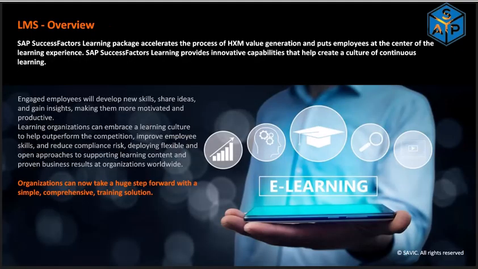Thank you. Yeah, so in the next slide we can see LMS. LMS is the learning management system, which brings the culture of learning and development into the organization. So in the learning management system, we can identify what type of development is required for our resources.